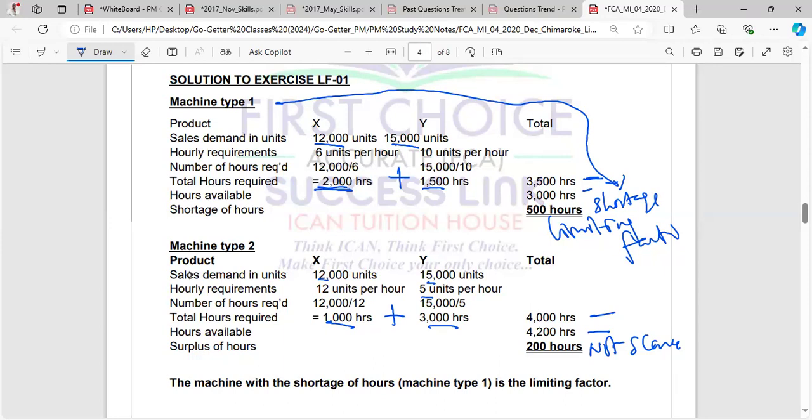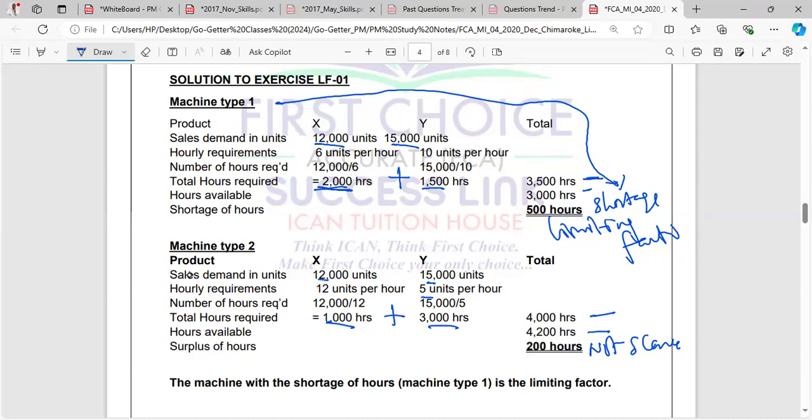It's just like saying you need to supply 100 people, but your capacity right now can only supply 90. So you are limited in supplying the whole 100 people. But if your capacity is 120 people, and you are asked to supply 100, then there's no limiting factor. You can do all of this.